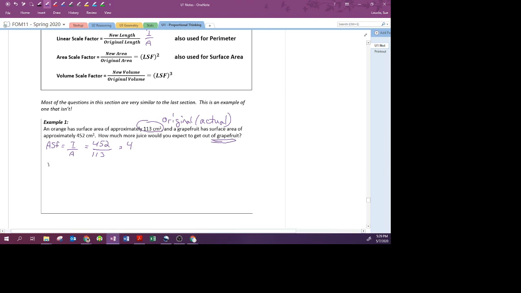We are asked a question. The question is about the volume. So we need the volume scale factor. How do we get the volume scale factor if we have the area scale factor? Well, you have to go via the linear scale factor, okay? So let's just calculate that first. So the linear scale factor is the square root of the area scale factor.